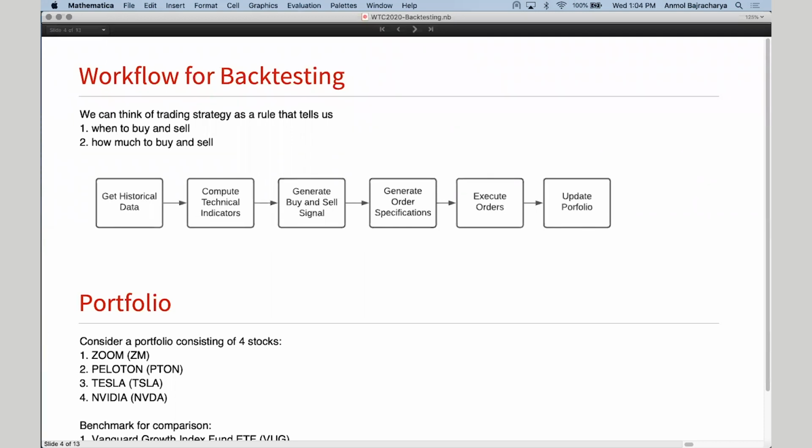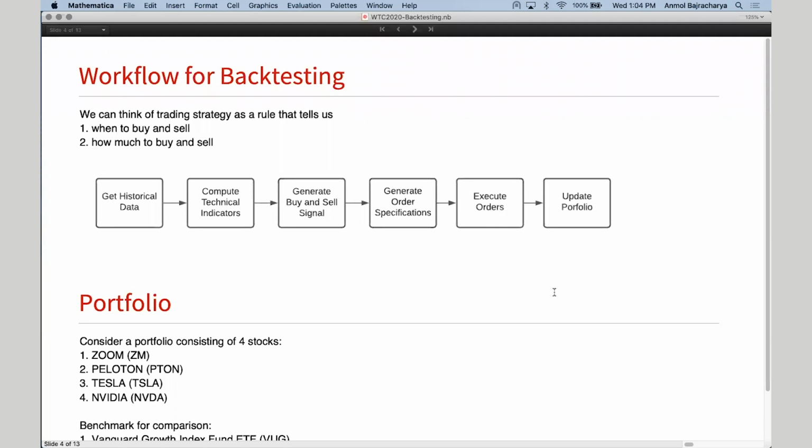When we want to do backtesting, this is the process. We get historical data, and that historical data consists of prices. It could be open, high, low, close, and using that data, we compute technical indicators, and using those technical indicators, we generate buy and sell signals.